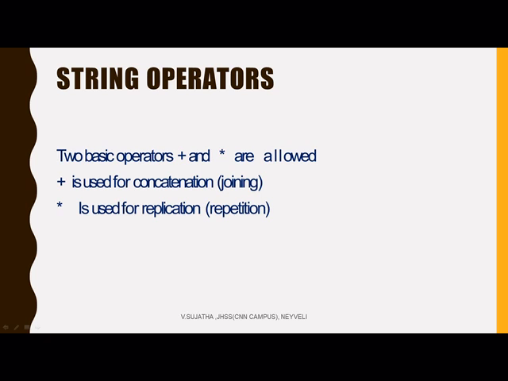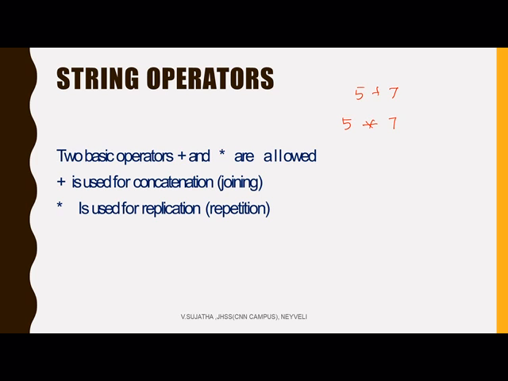If both the operands, for example, see here, suppose you are taking 5 plus 7. Here 5 and 7 both are numerals, so plus is an arithmetic operator here. Suppose I am writing 5 asterisk 7.